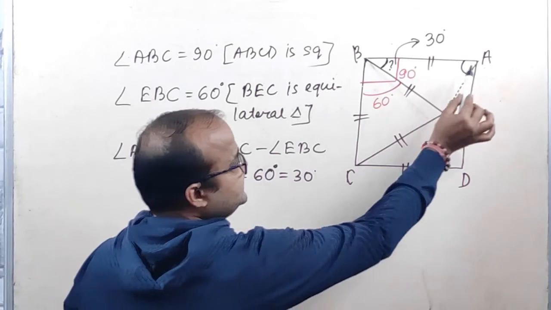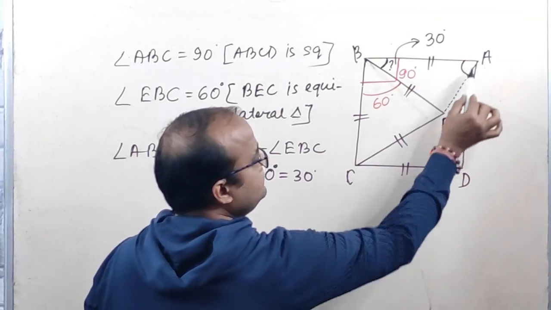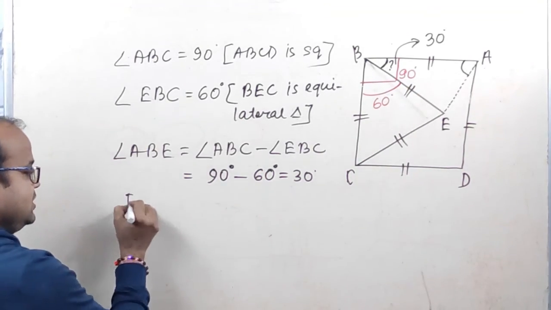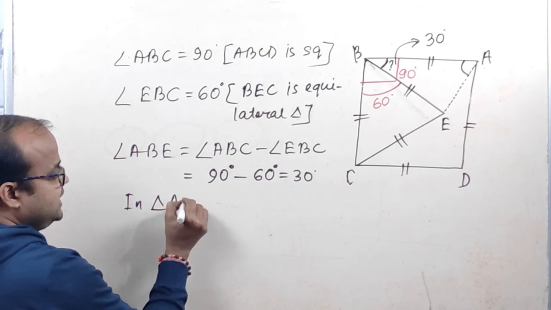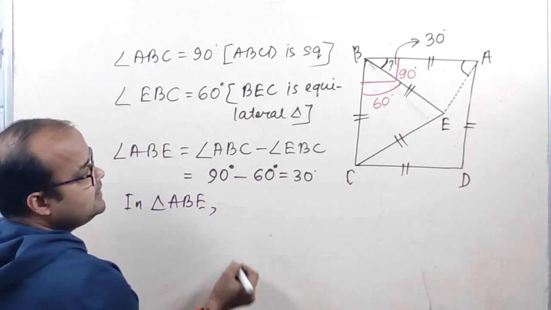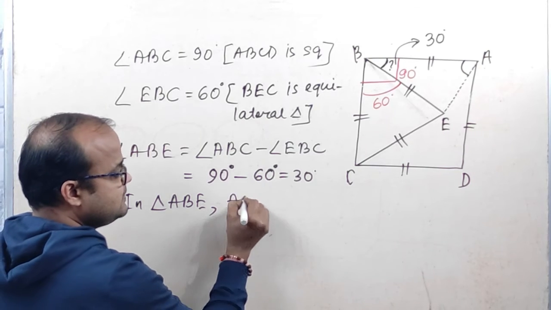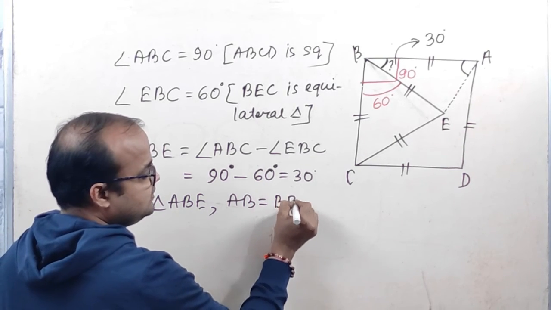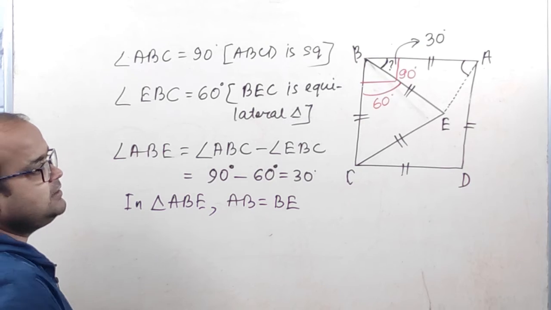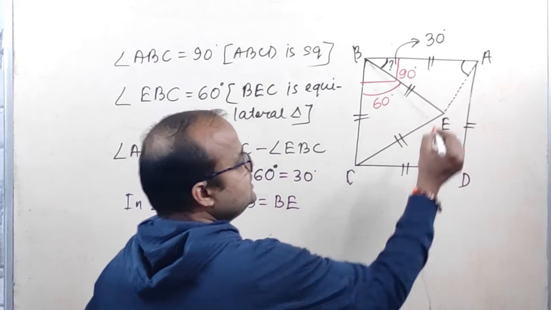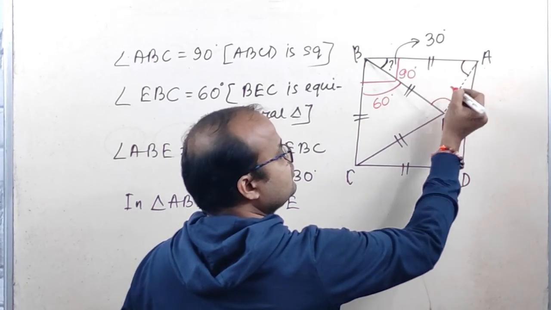Now for the second part, look at the triangle ABE. In triangle ABE, AB equals BE. That means angles opposite to equal sides are equal.